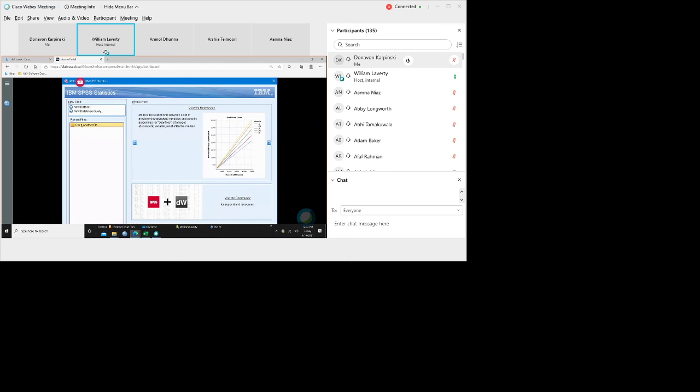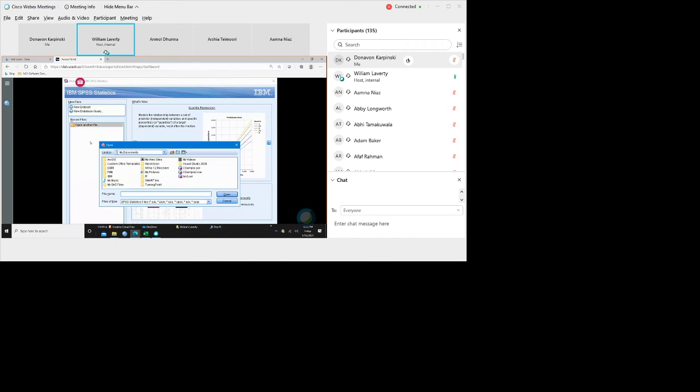If I want to open up a file, okay, there I can find the file. Now this is not my documents on my computer, but it's my documents on my VPN point.